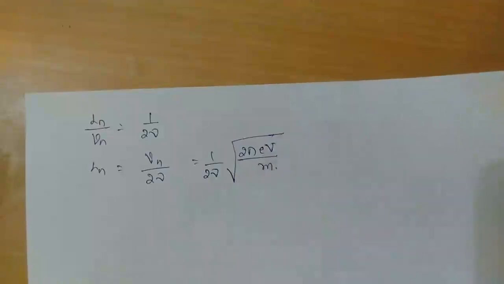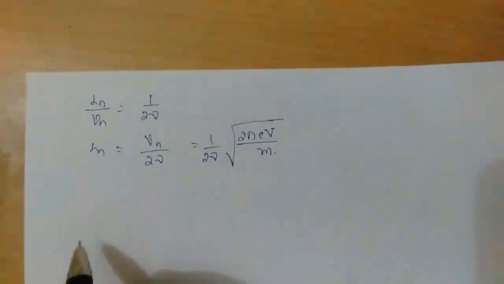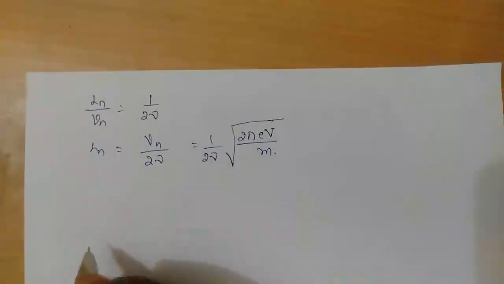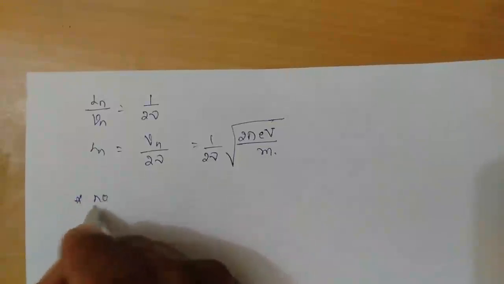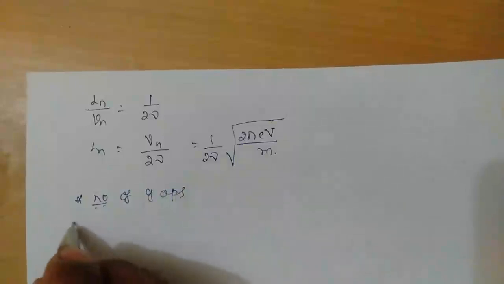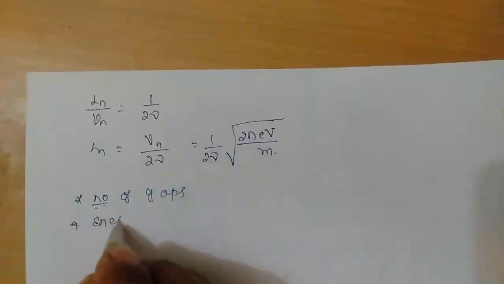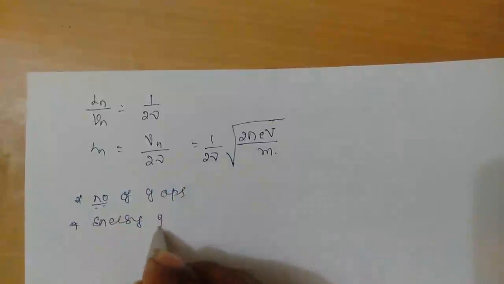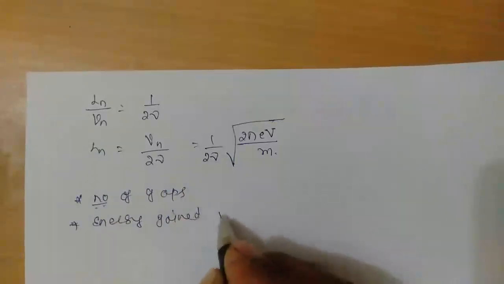m. And here we can see that the final energy of the charged particle which is coming out of the accelerator will mainly depend on the number of gaps and the energy that is being gained in each gap.